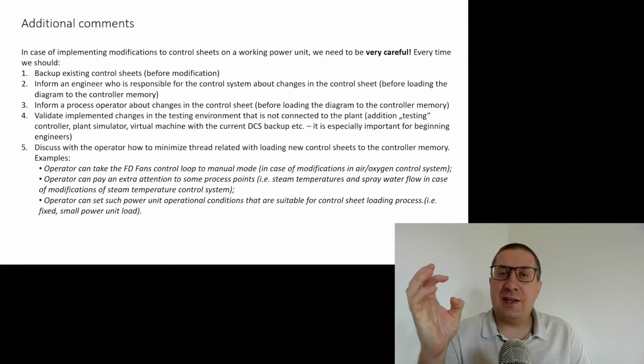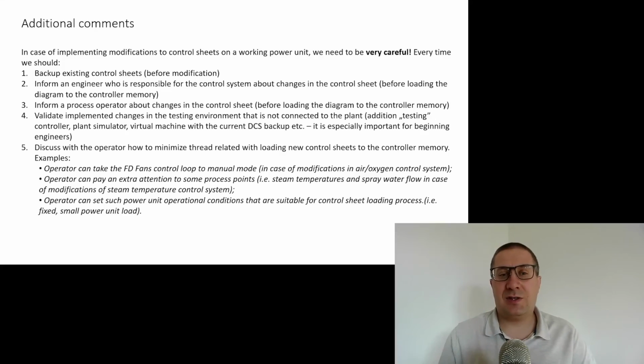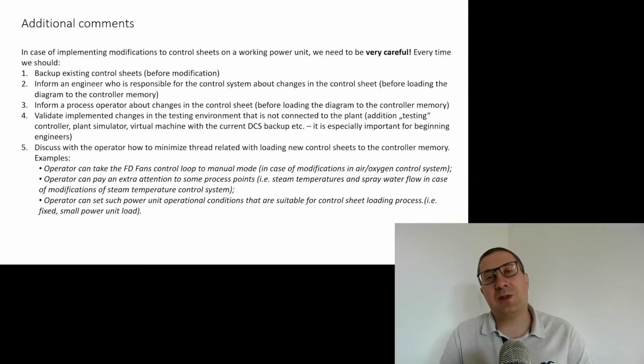We should validate implemented changes in the testing environment if we have one, or in the simulator, right? Or in a virtual machine with the backup of an existing control system. Or we should at least ask the automation engineer to help us validate those algorithms.